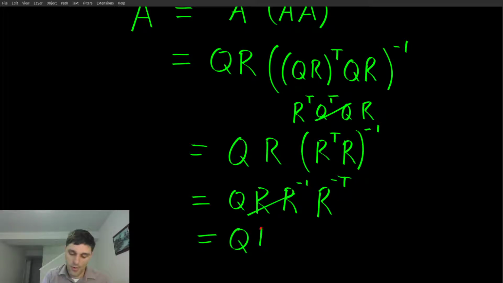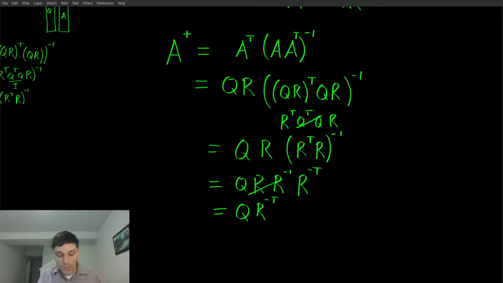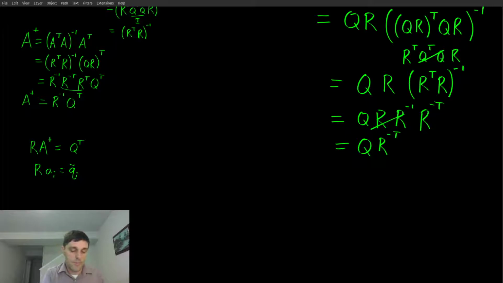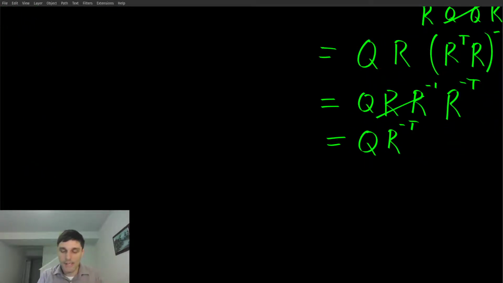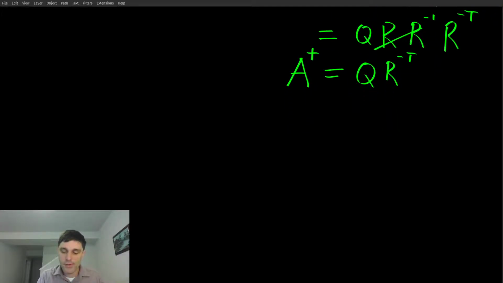Q R inverse transpose, which is a different final formula that we get, if you notice, for the right pseudo inverse there, but that's okay. We can express it in terms of this QR factorization, and since we're doing the transpose anyway, we can make use of this fact.